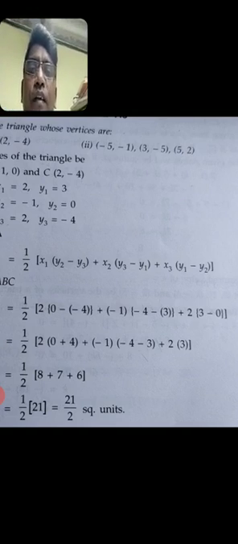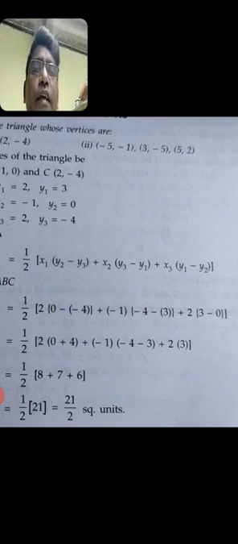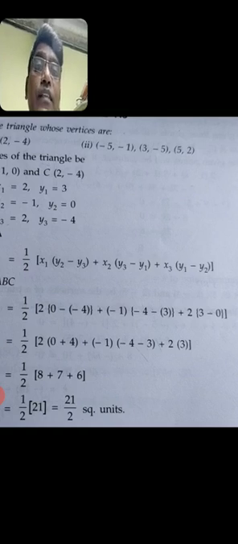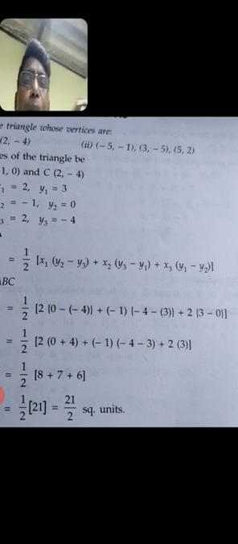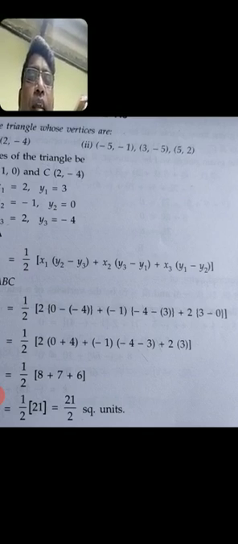By substituting, you get 1 by 2 of, x1 is 2, y2 is 0, y3 is minus 4, and here minus is the formula minus, plus x2 is minus 2, y3 is minus 4, minus y1 is 3, plus x3 is 2 and y1 minus y2, 3 minus 0. Opening the bracket, you will get minus into minus plus 4, and here plus into minus minus 1. Clear to you?